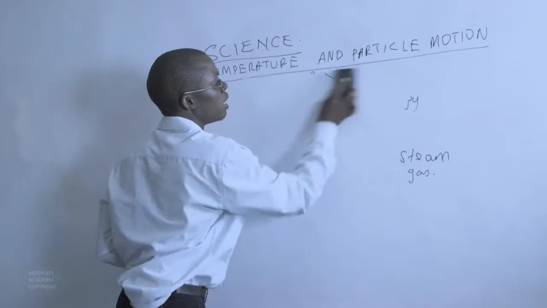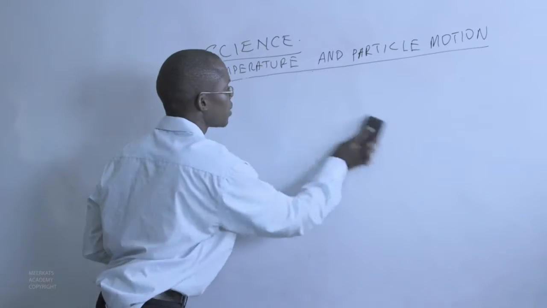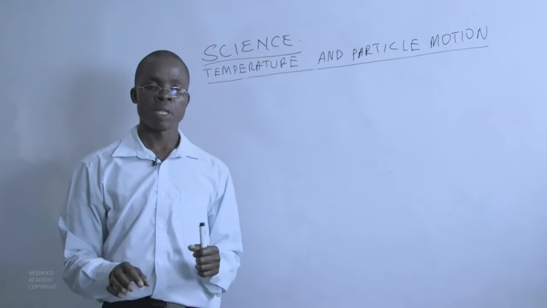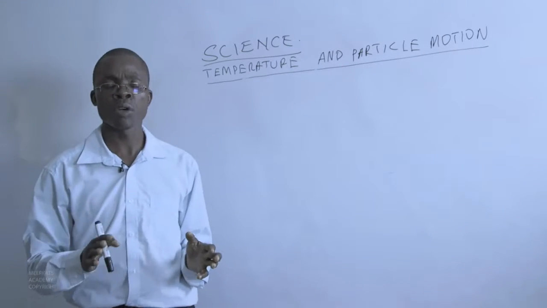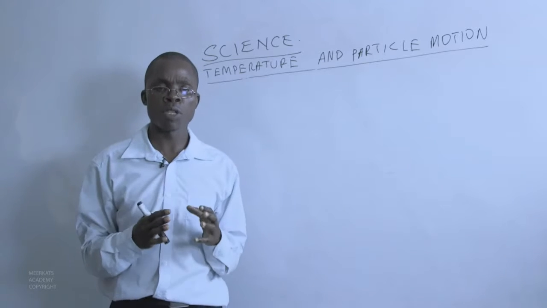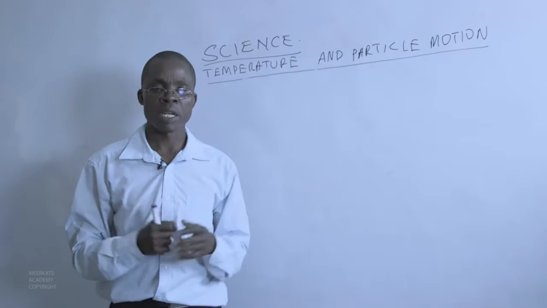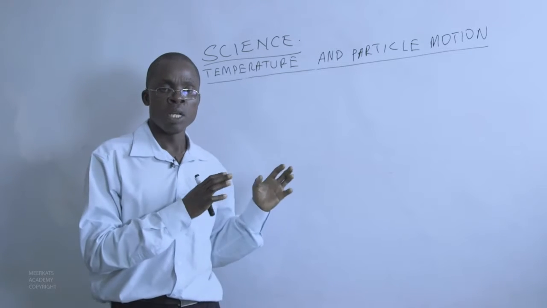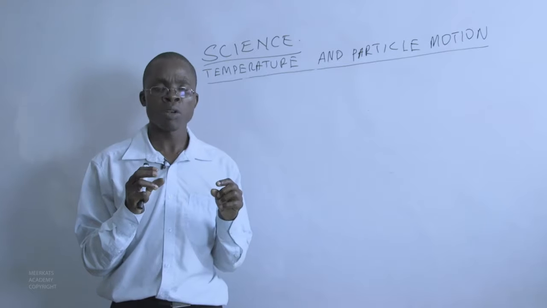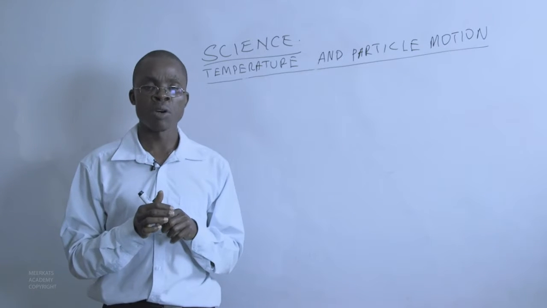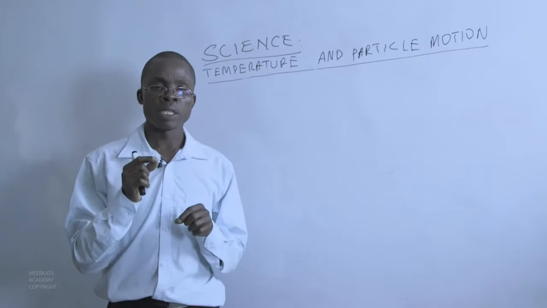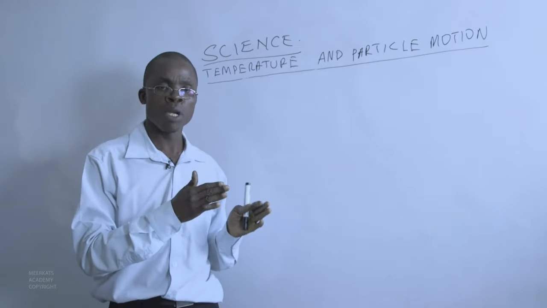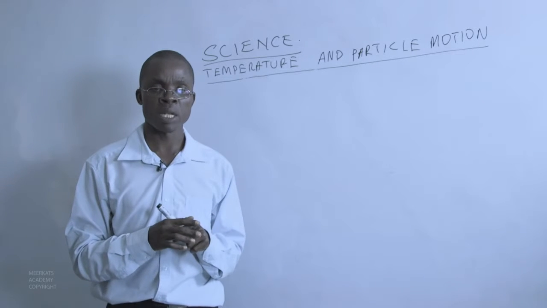The question is asking us, we have just said that temperature is a measure of kinetic energy in particles. Temperature is also a measure of motion of the particles in matter. How then can we apply this temperature to explain the aspect of absolute zero, as was explained in our previous lesson when we were looking at the development of the kinetic theory of matter?